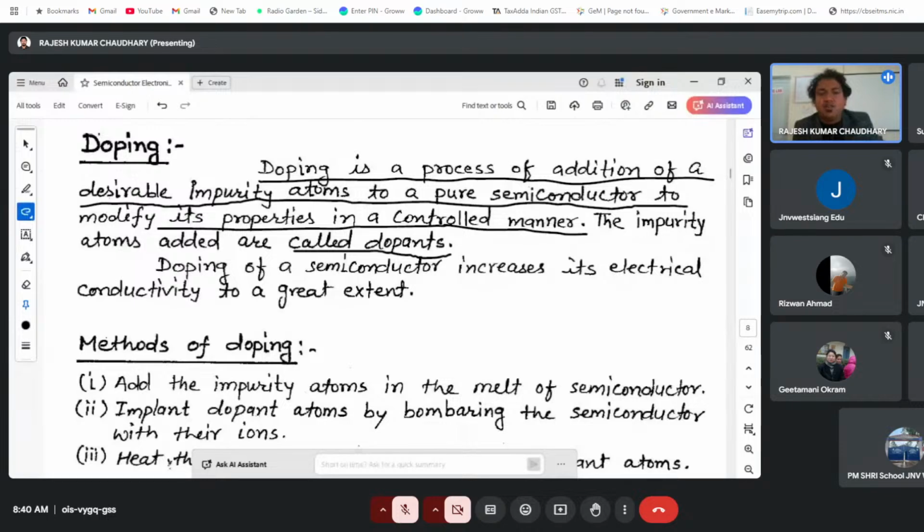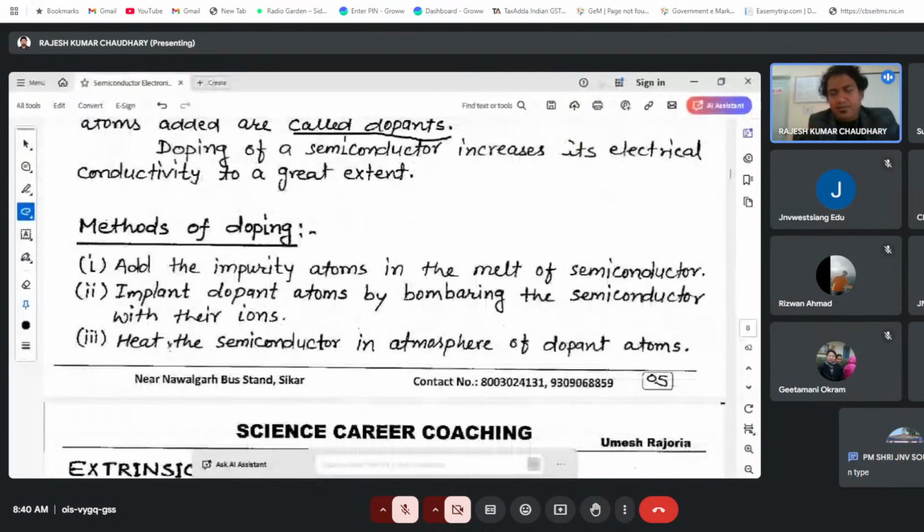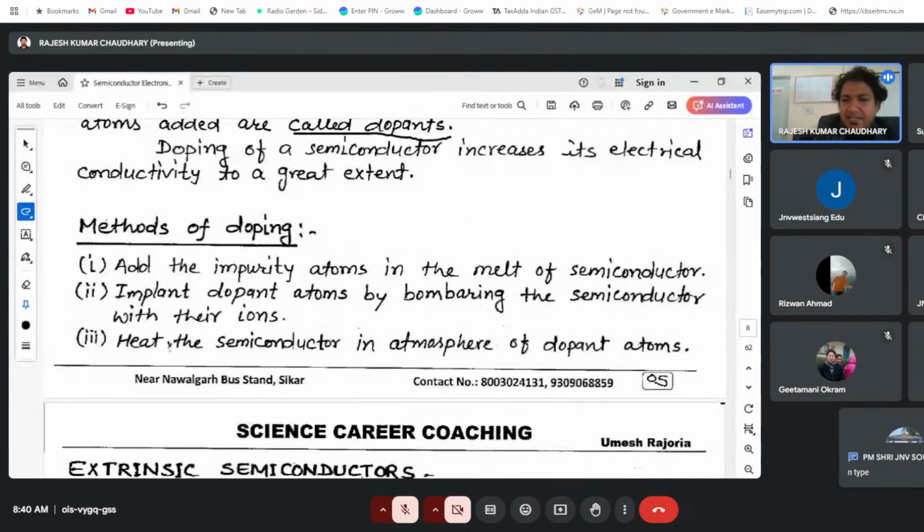Okay. So doping means what? Doping means to add desirable impurity in intrinsic kind of semiconductor like silicon and germanium. There are methods of doping. One method: when the semiconductor is melted, you can add those impurities inside. Actually, it is a kind of engineering thing.